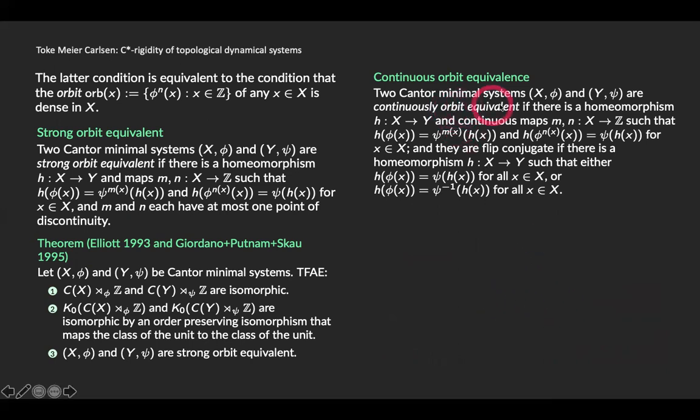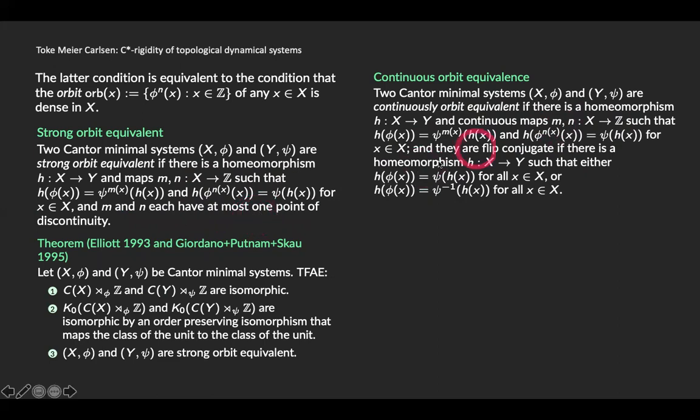Two Cantor minimal systems are continuously orbit equivalent if there's a homeomorphism from X to Y, and continuous maps m and n from X to the set of integers satisfying these two conditions we saw in connection with strong orbit equivalence. But the difference between strong orbit equivalence and continuous orbit equivalence is that now we require the two maps m and n to be continuous. Before we allowed them to have a point of discontinuity.